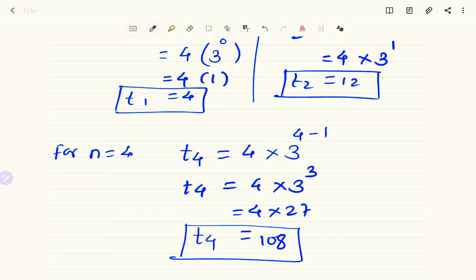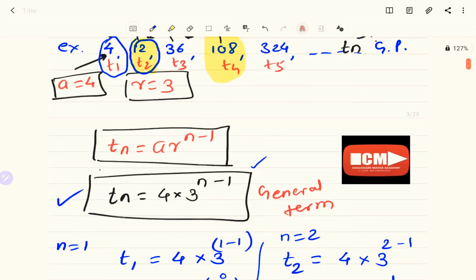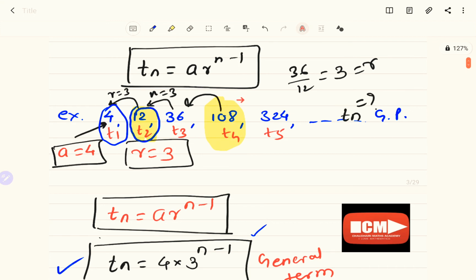Sorry once again, this is in a hurry. So here I corrected that mistake. This is 3 raised to 4 minus 1, and 4 minus 1 is 3. So 3 cube is 27, and 27 into 4 is 108. Let's cross check whether the fourth term is 108 or not. And it is. If you observe, the fourth term of that sequence is 108.